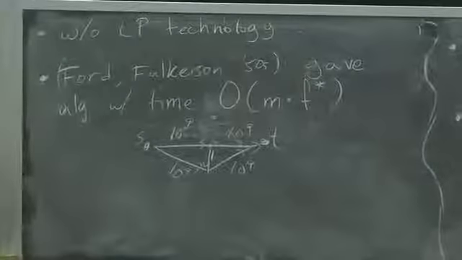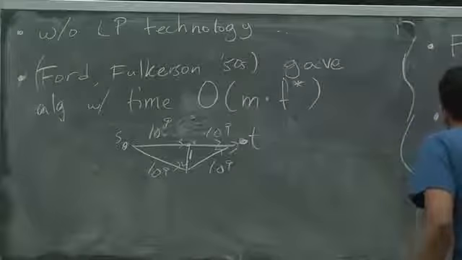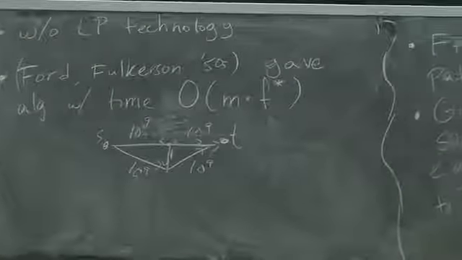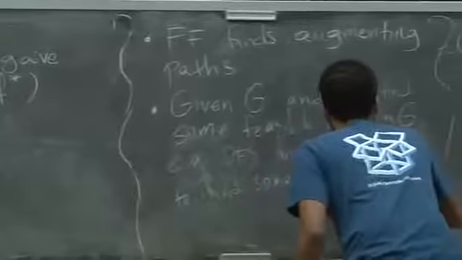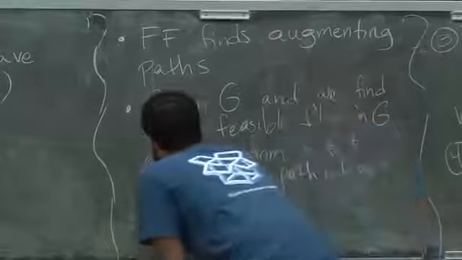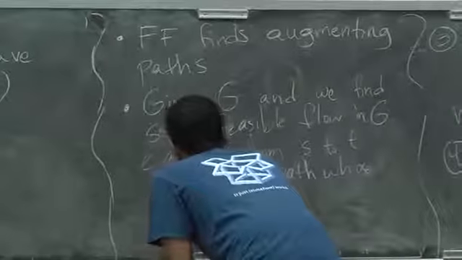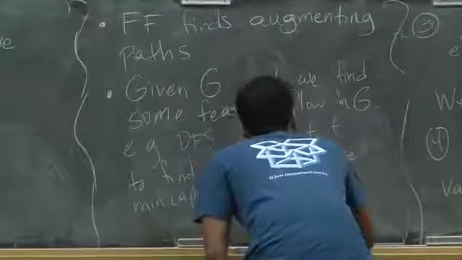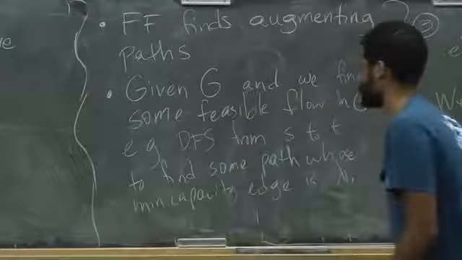So to find some path whose, let's say, min capacity edge is some lambda.